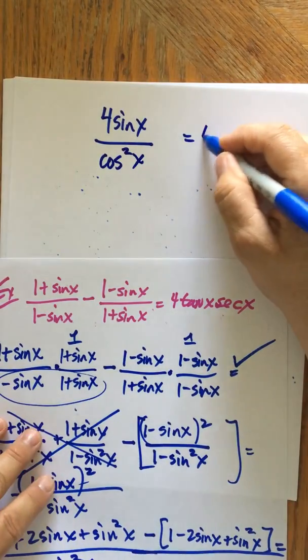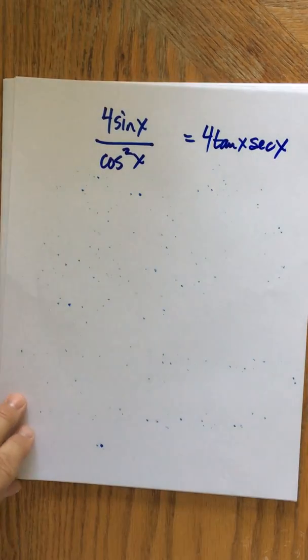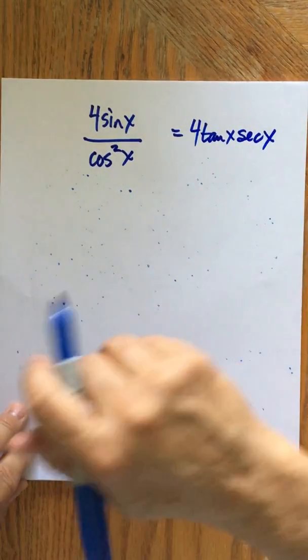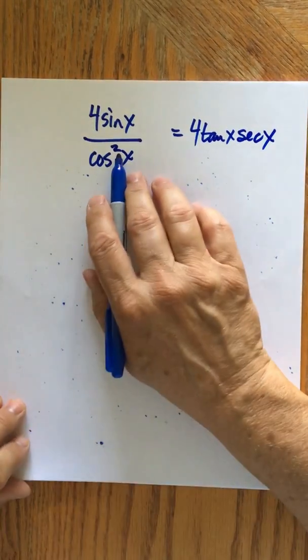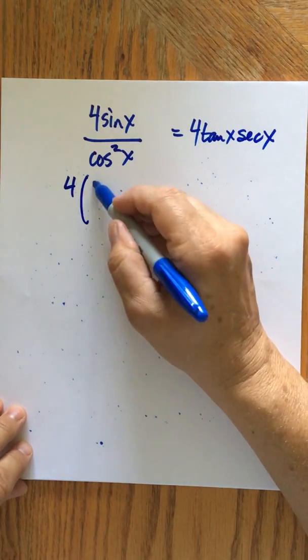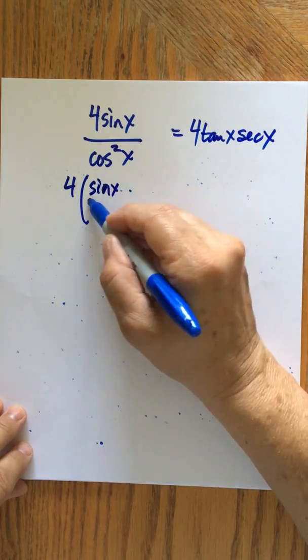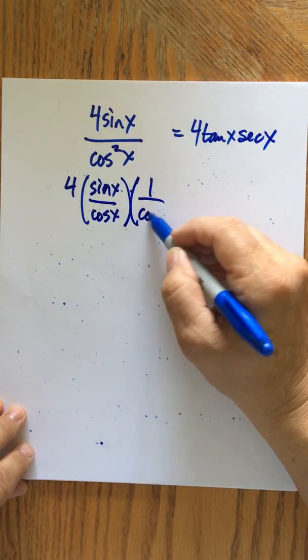And we're trying to show 4 tangent x secant x. All right. Sorry, it's so messy. So we're almost there. At this point, I want to say that this is 4 times sine x over cosine x times 1 over cosine x.